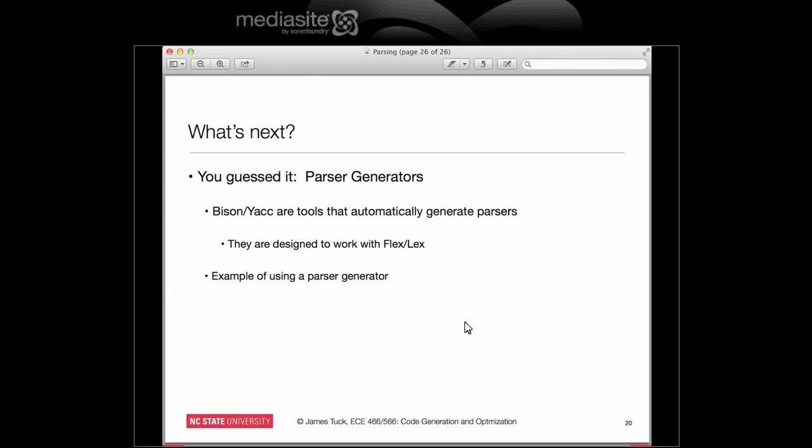And for the most part, the research in how languages work and how they are parsed is well understood. It's so well understood that if you write out a grammar, there are tools that will automatically convert it into a C program that will parse that grammar for you. Right, so there are parser generators the same way that there are scanner generators, and we're going to look at some of these parser generators.